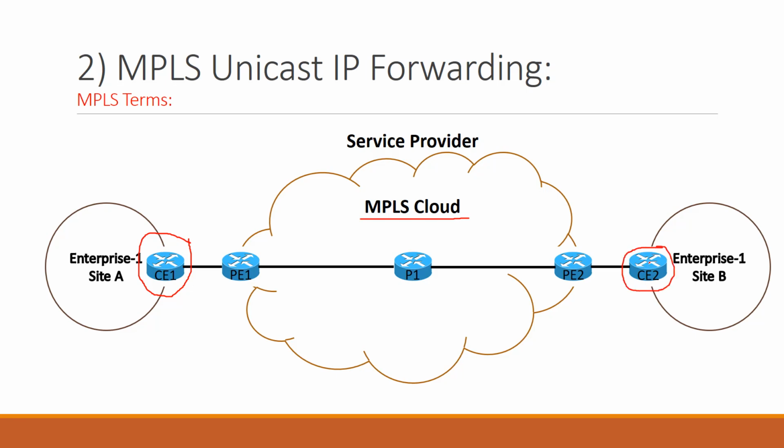It's a router that resides at the edge of the enterprise network as a definition. Then inside the MPLS cloud that belongs to the service provider, we have only two types: provider edge, like PE1 and PE2, and provider.